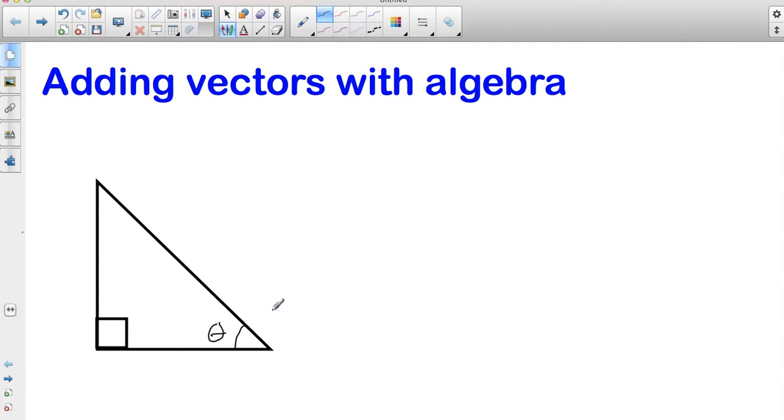What I'm doing right now is establishing an angle theta. This is a right angle here. This is the angle we're going to reference with our trig functions. This big long side opposite the right angle is what we would call the hypotenuse.